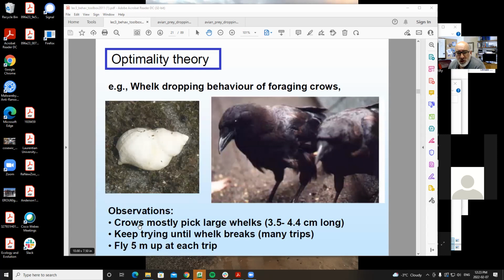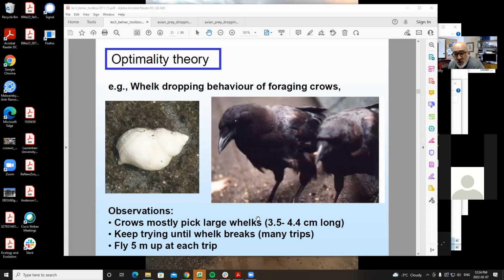And what they've observed is that they pick relatively large whelks, and they will fly up to 5 meters up and then drop them. They'll drop them on rock with the idea that the rock will lead to them cracking open, and then the crows can feed on the inside, where it's all nice and soft.